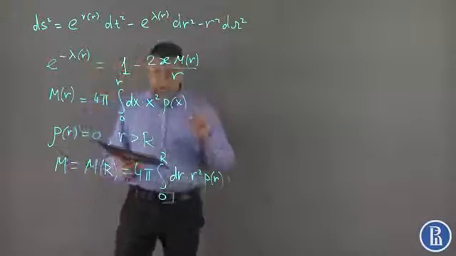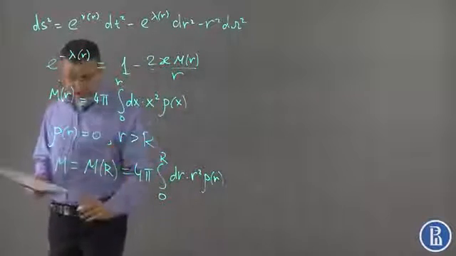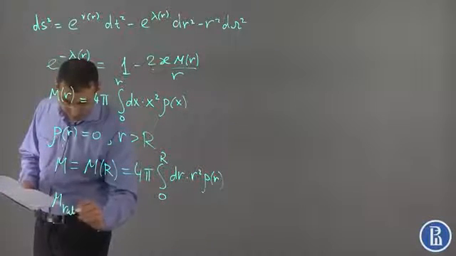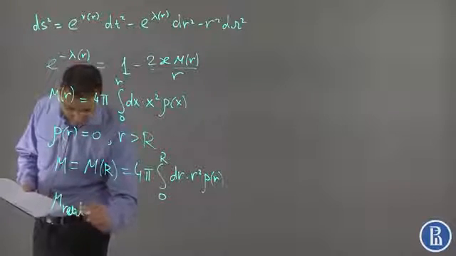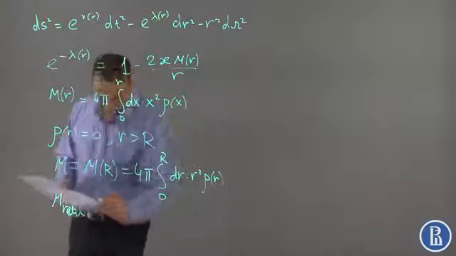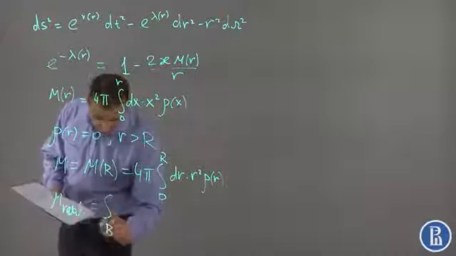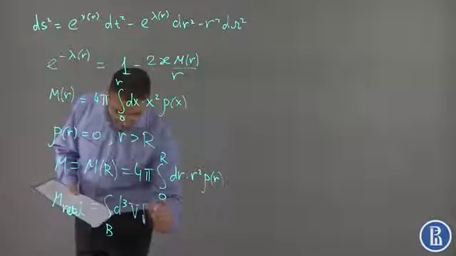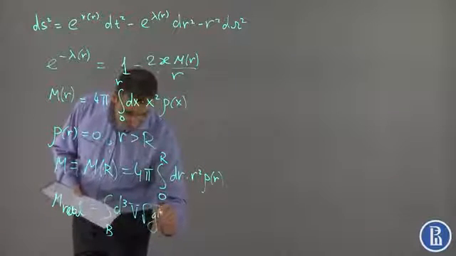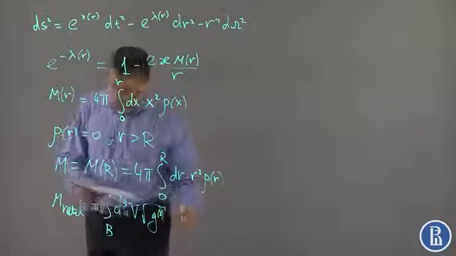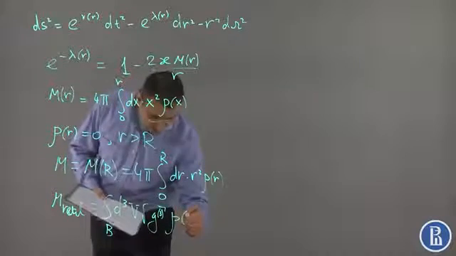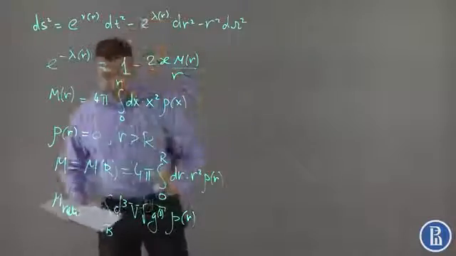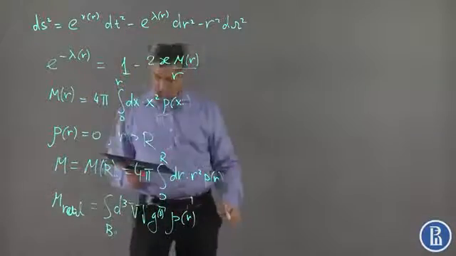But one has to have in mind that the real total mass of the star should be the integral over the body of the star of the volume form, the three-dimensional determinant of the three-dimensional metric, times ρ(r). So this is the determinant of this part of the metric, and this is just the volume form.